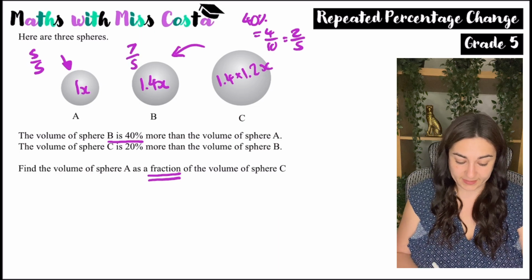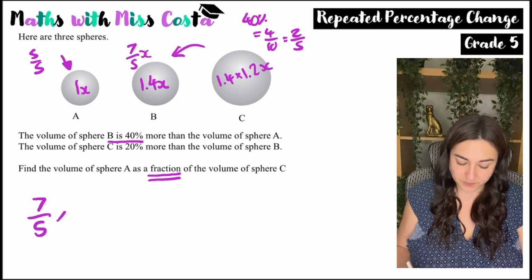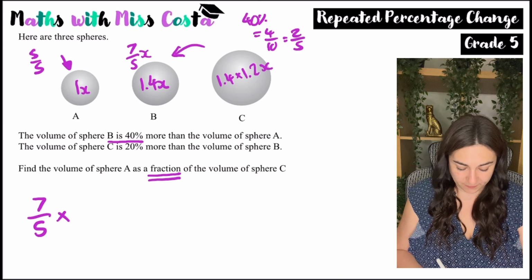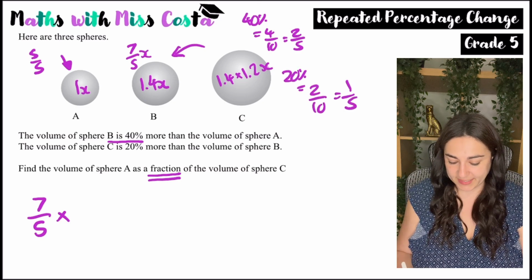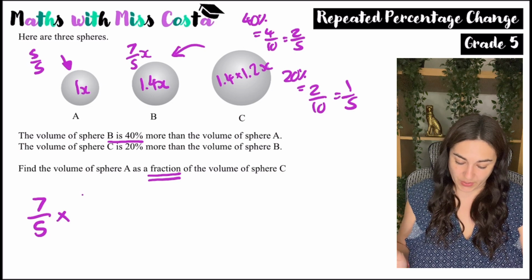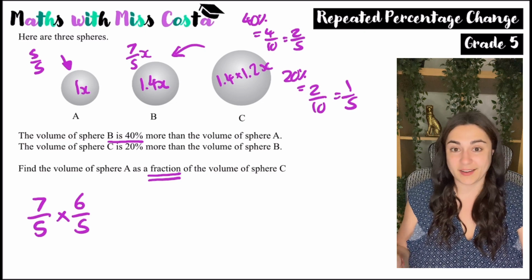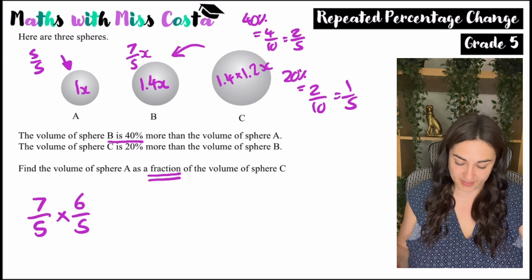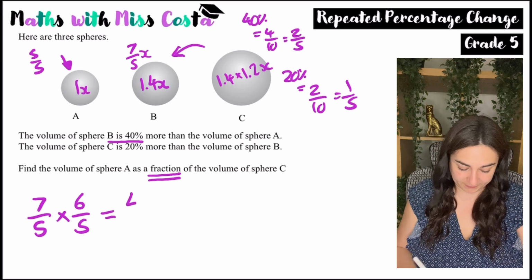So therefore this 5/5 plus 2/5 is going to be 7/5 x. And if I then multiply 7/5 by a 20% increase, I know that 20% is 2/10, which is 1/5. So I'd be multiplying it by 6/5 because I'm including the original percentage. So the original is 5/5, 20% more is going to be 6/5.